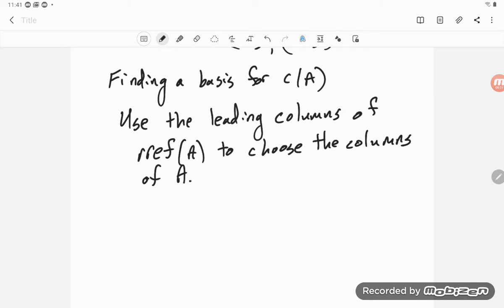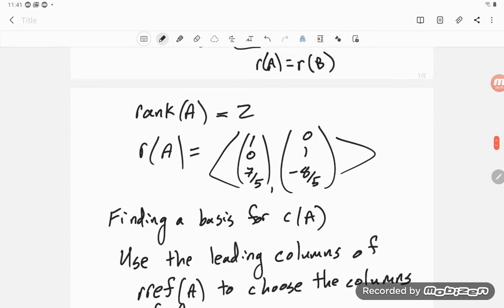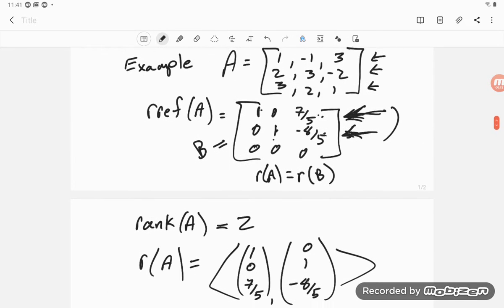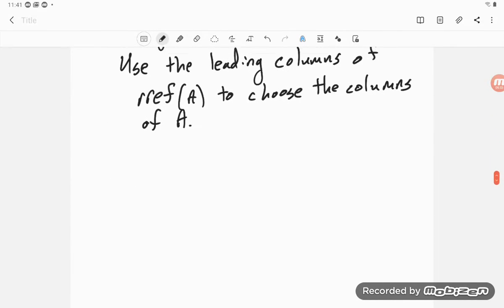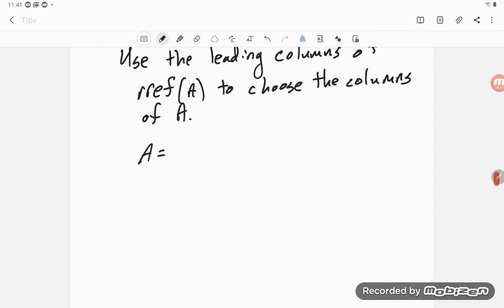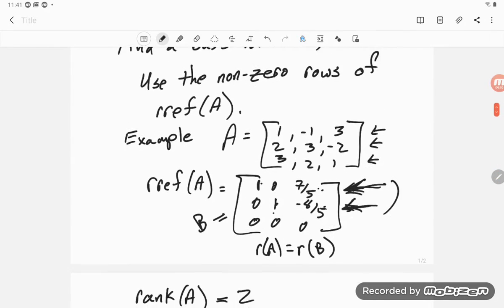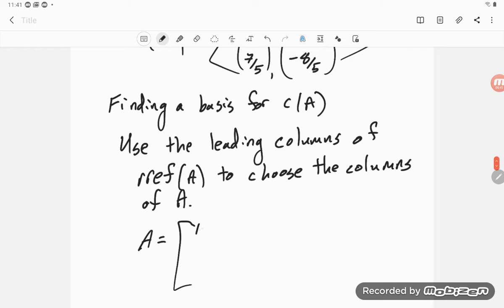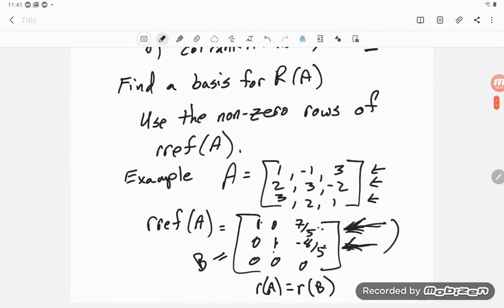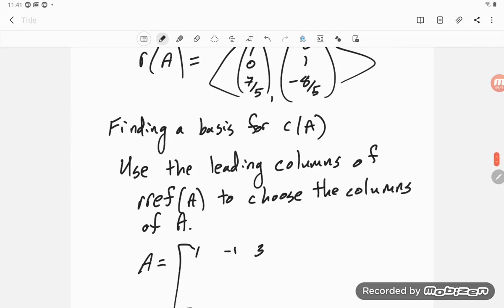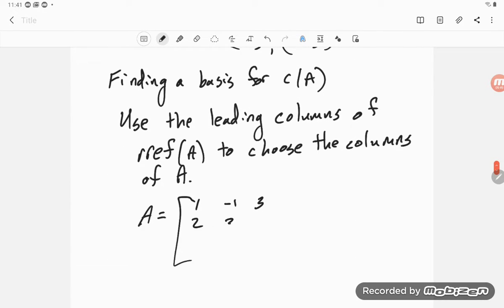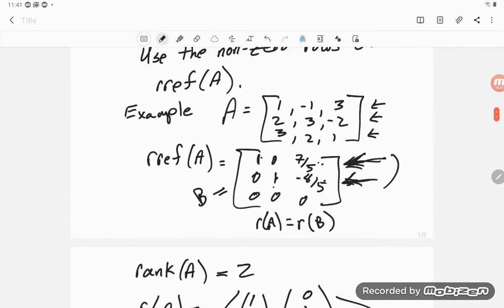Okay, so let's write them both down here again. A was equal to 1, -1, 3; 2, 3, -2; and 3, 2, 1.